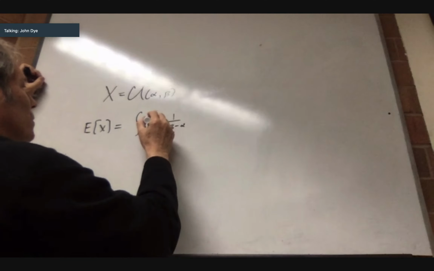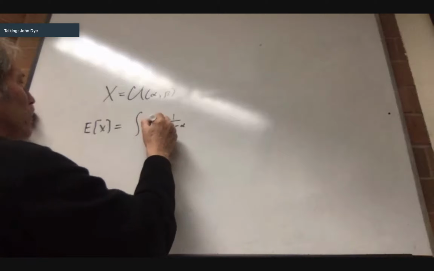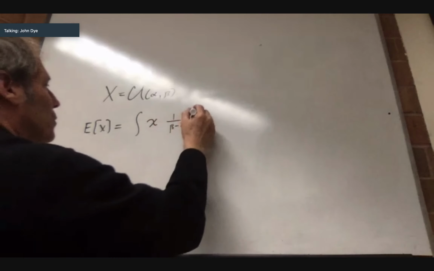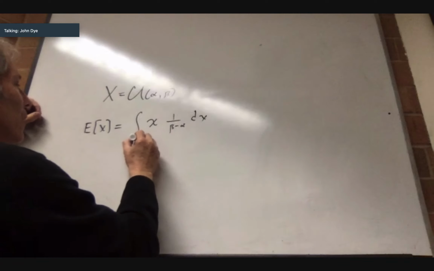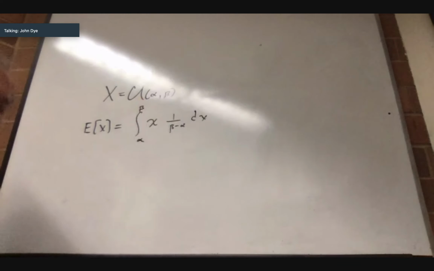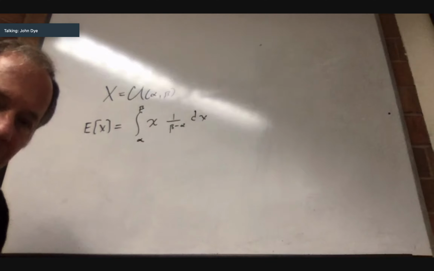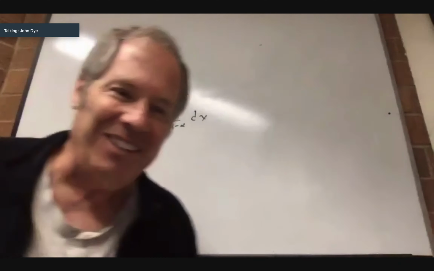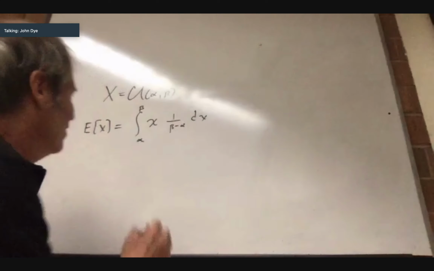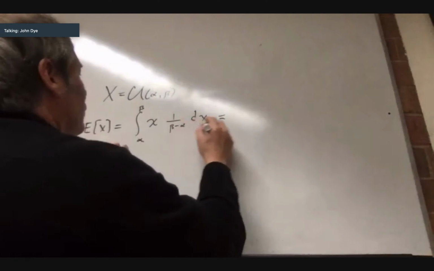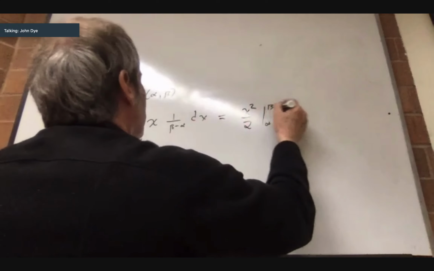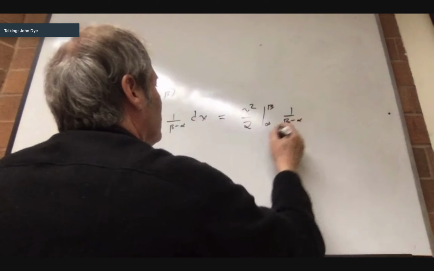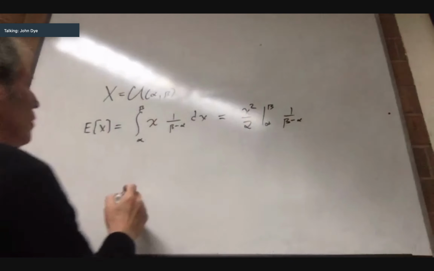Because it's the expectation, I need x times the density function, and it's 0 off of alpha to beta, so I do this. I have to adjust from the last class. I was giving it my all in the last class, and now I'm slower. So this is x squared over 2 from alpha to beta, times 1 over beta minus alpha. And hopefully we get the answer. What's the answer we expect?